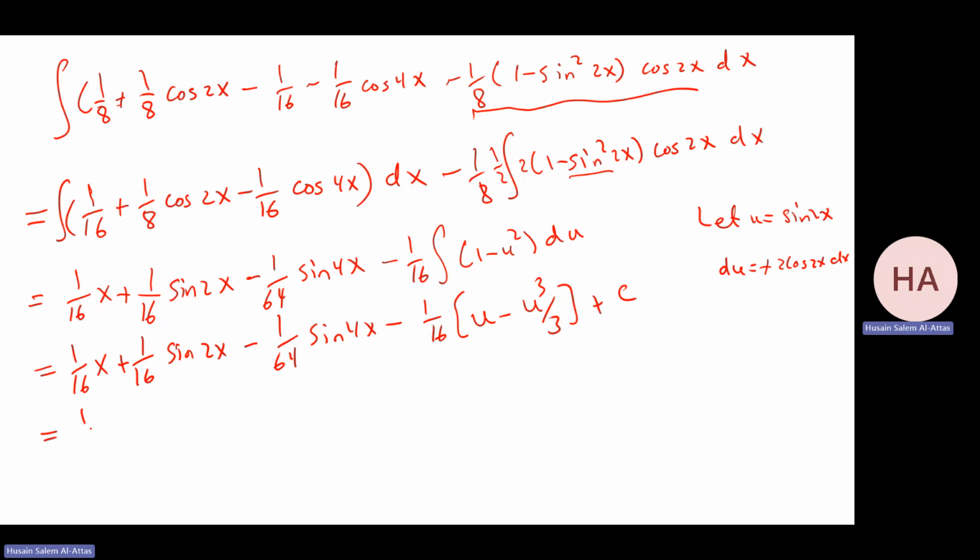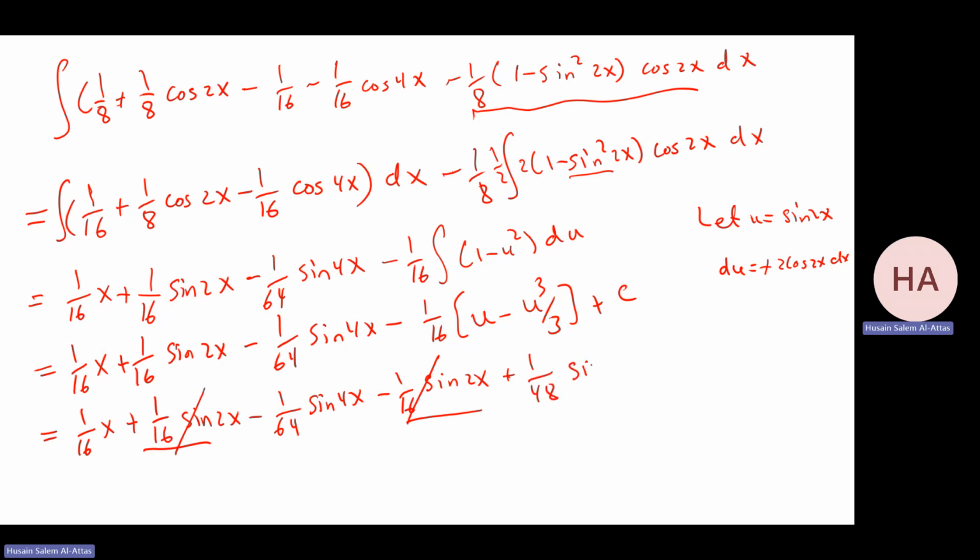Now we retain sine x: sine 2x minus 1 over 64 sine 4x minus 1 over 16 sine x. Notice this is the same as this, so this is cancelled, plus 1 over 48 sine cubed x plus c.